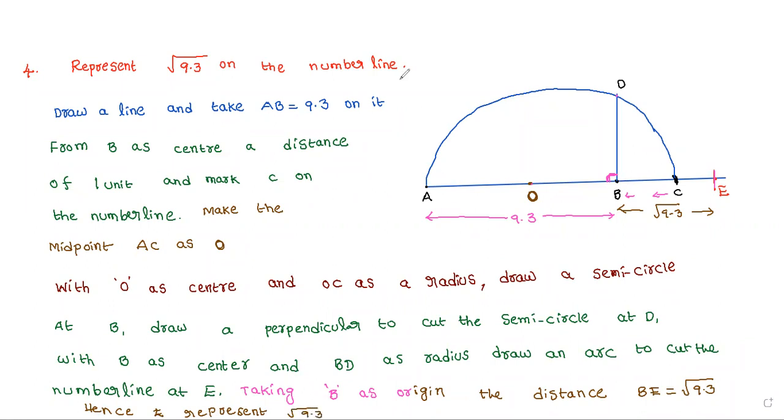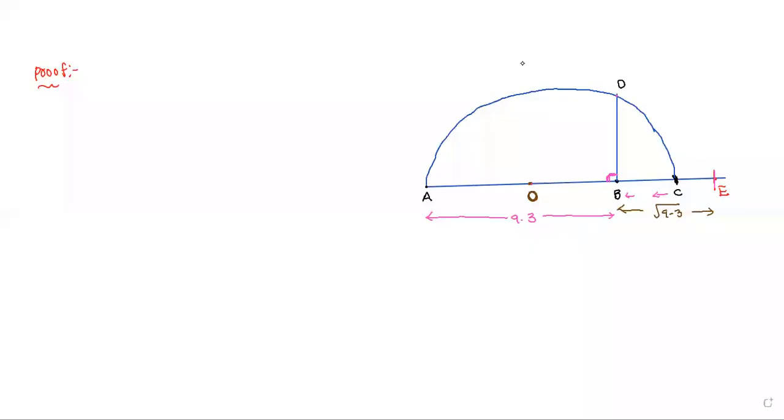So let's go for the proof. AB is equal to 9.3 units. BC equal to 1 unit.